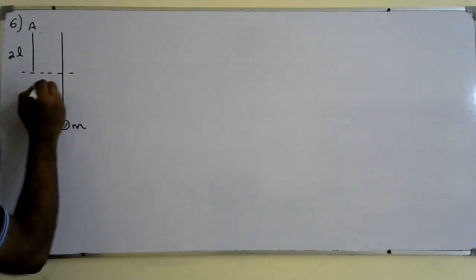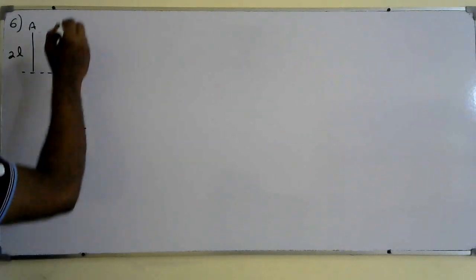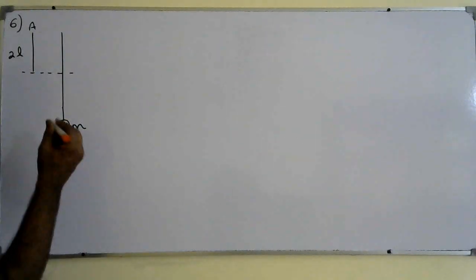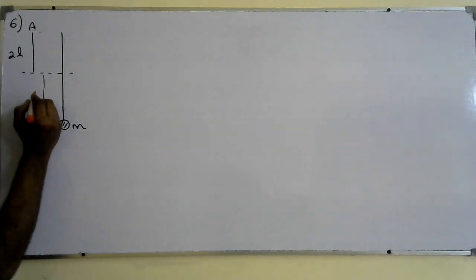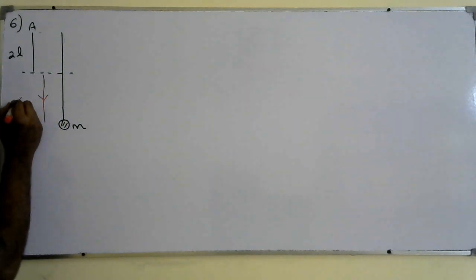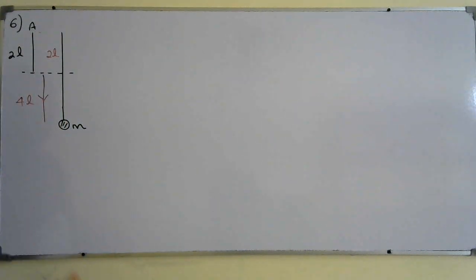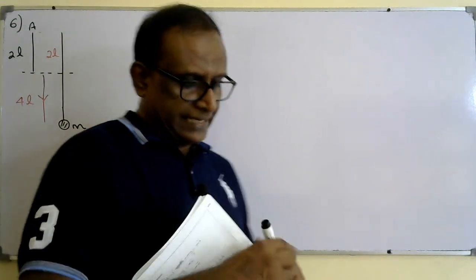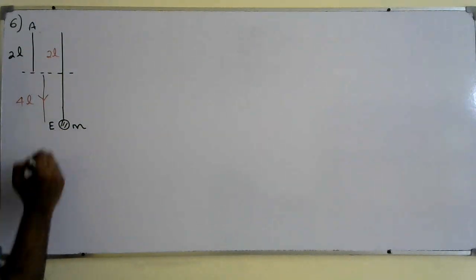The total length is 6L, so the extension becomes 4L. The natural length is 2L. This is E, the name given to the position.